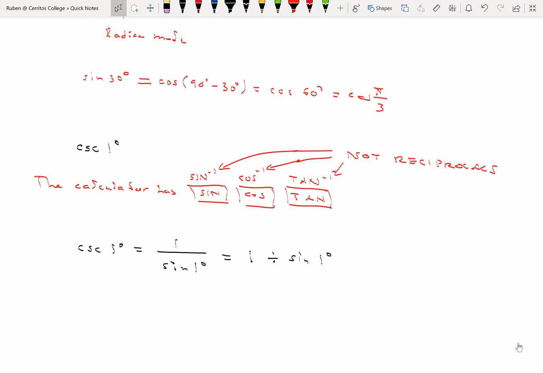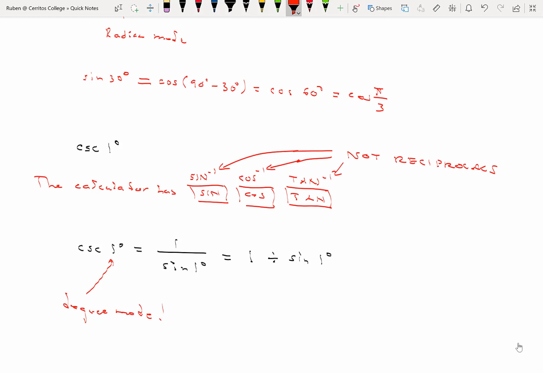So make sure your calculator is in the correct mode before you start computing values of the trig functions. Degree mode. Okay, so once we get it into the degree mode, we push 1 divided by sine 1.